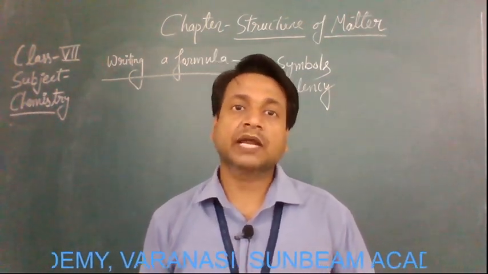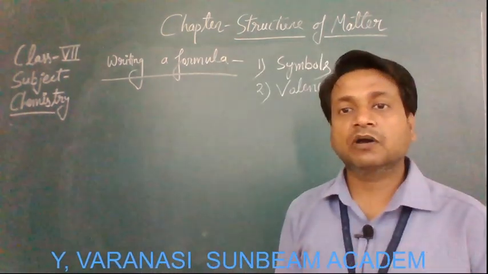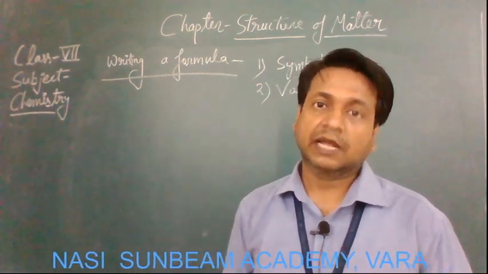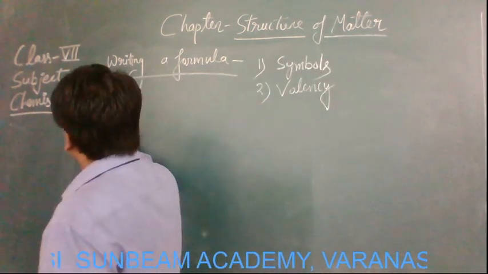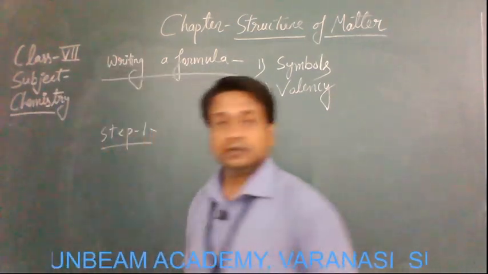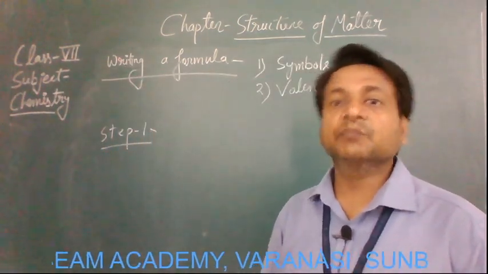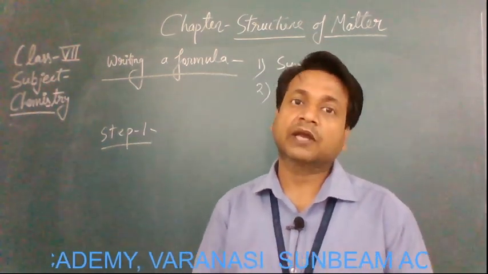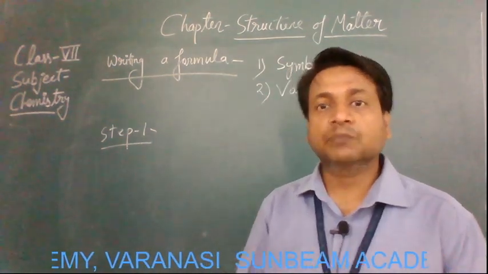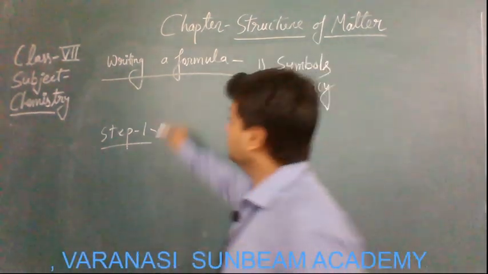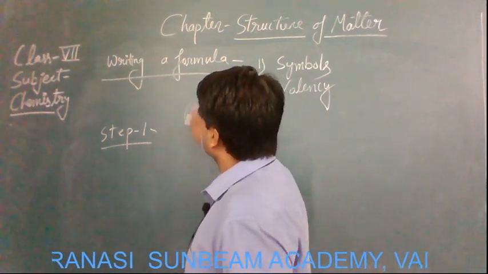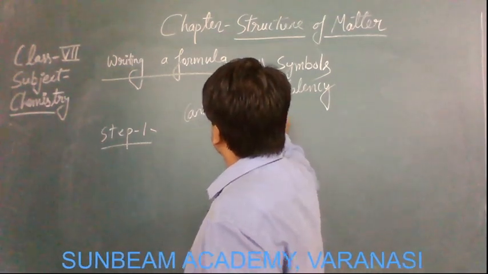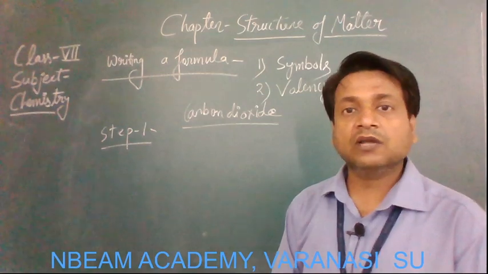When we write the formula, we must follow three important steps. Step one is to write the symbols of the different elements present in the compound one by one, side by side. Suppose I take the example of carbon dioxide.